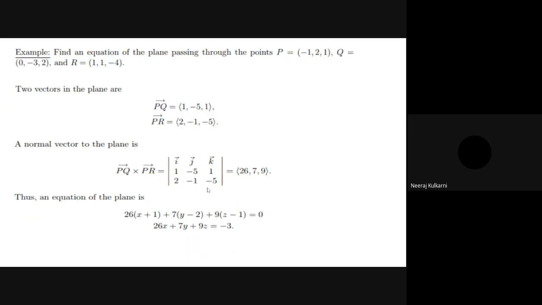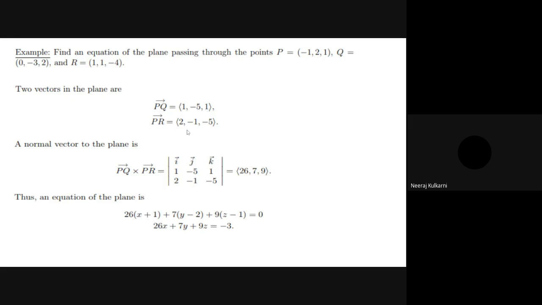We can also write a plane with the help of 3 points that lie on the plane. The points are given as (minus 1, 2, 1), (0, minus 3, 2), and (1, 1, minus 4). So we can find any two vectors that lie on the plane. Here we have found PQ and PR.